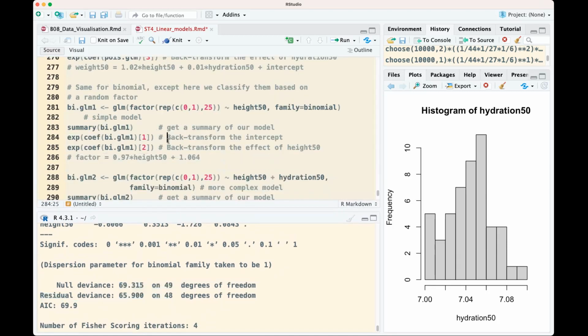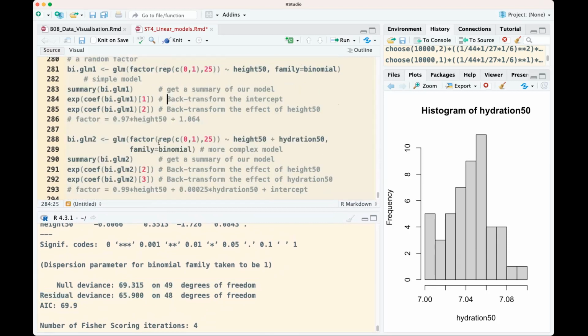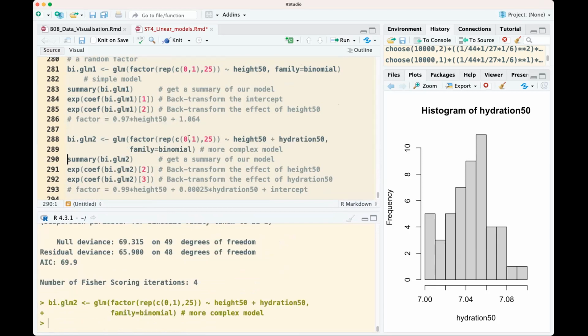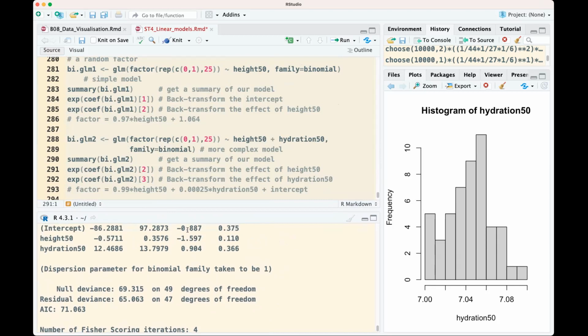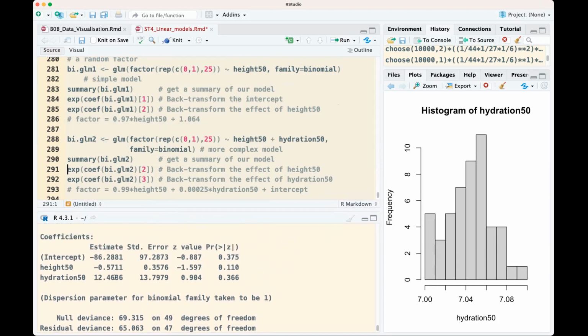We can look at the other comparison with GLM2 for a complex model, including hydration 50. Let's see if this is better. And again, our summary will tell us that the hydration doesn't actually improve our model. So that indicates that they're not very correlated with each other.